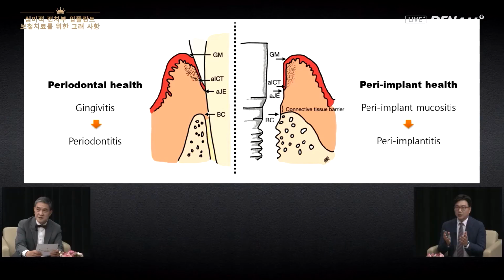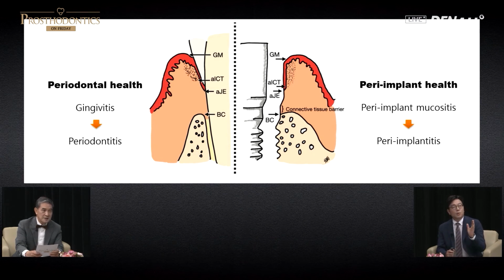Next question. During your lecture, in your PPT, the shape of the abutment platform is said to be important. What do you mean? Especially in the bone level implant, at the platform portion, not much pressure should be applied.